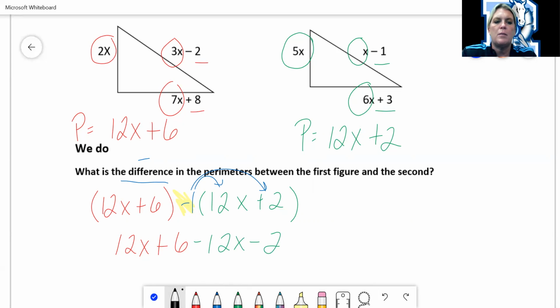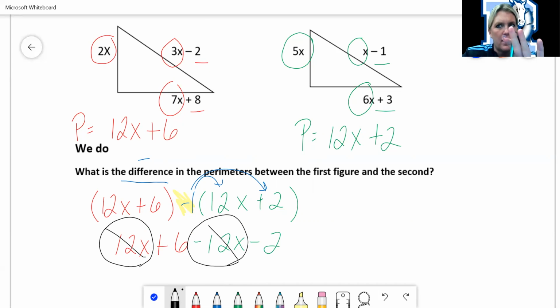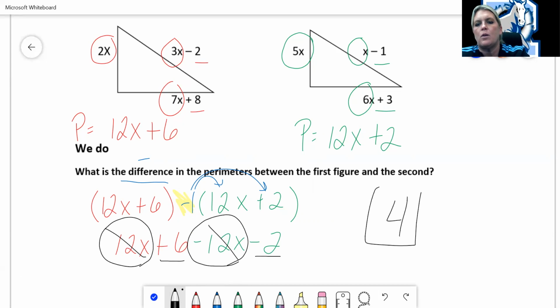Now to simplify, 12x minus 12x, they cancel out, they go away. That makes 0. That's fine because I have 6 minus 2, and my answer is 4. That's how you find the difference in the perimeters.